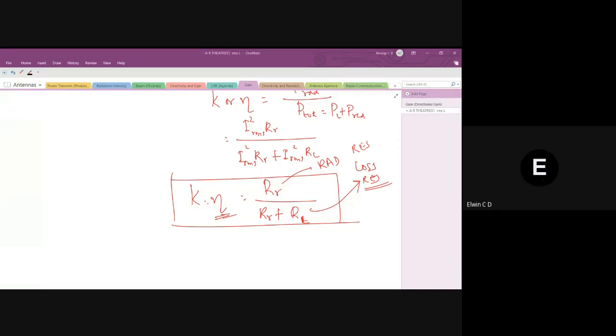Okay, Kavishri, is the concept of gain clear? Yes, sir. Okay, fine. Marvin, can you please unmute? Are you clear with the concept of gain? Yes, sir. Okay, fine. So I'll go ahead.